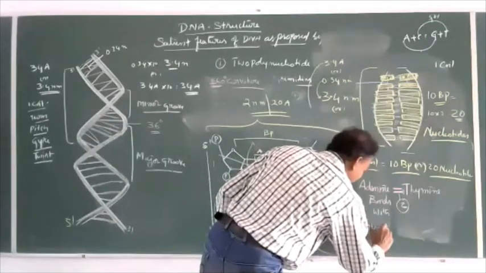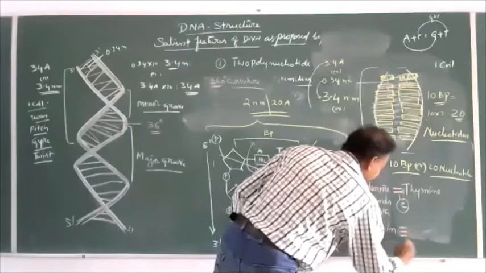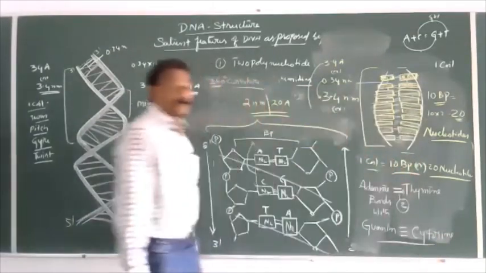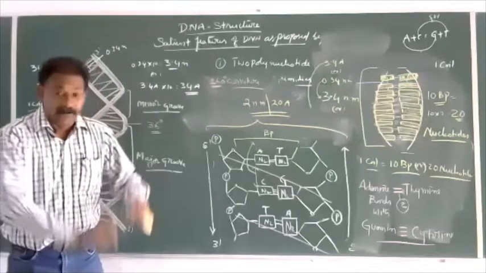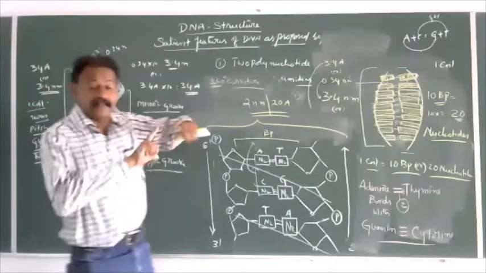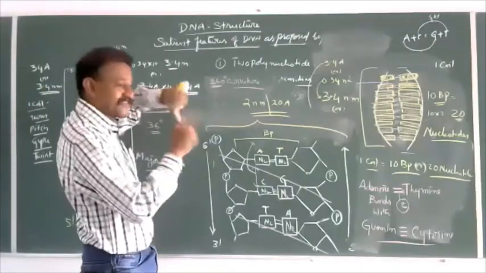Guanine always bonds with cytosine with three hydrogen bonds. This is called the degree of curvature of twist.